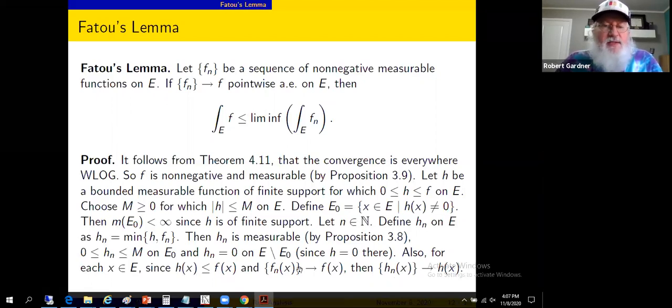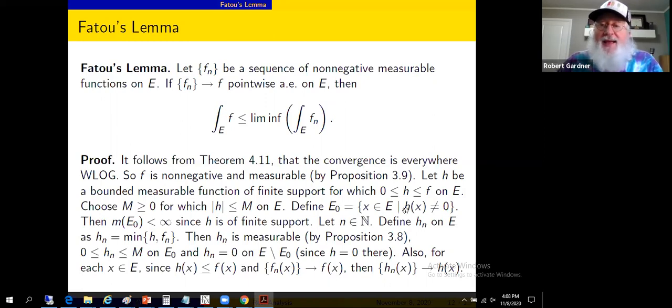Think of it like this. We've chosen h sub n to be the minimum of these two. As n gets large, these f sub n's are going to get close to f of x.